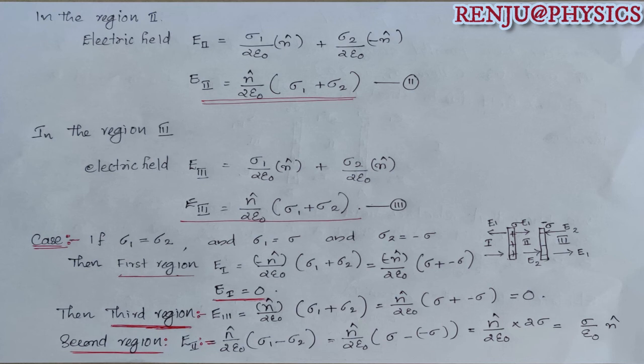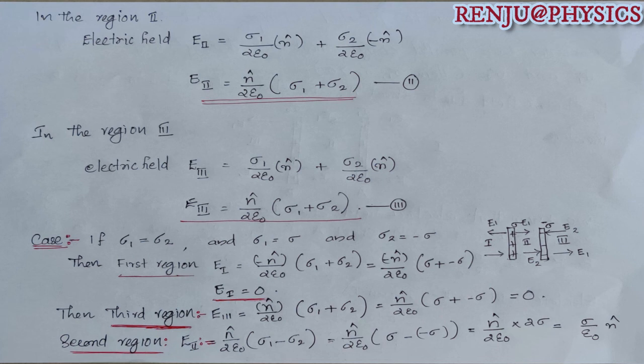Now we go to the third region. In the third region, E1 and E2 are acting in the same direction, towards right, so both values will be taken as positive. So E3 is equal to E1 plus E2. E1 is sigma 1 by 2 epsilon 0 n cap plus sigma 2 divided by 2 epsilon 0 n cap.